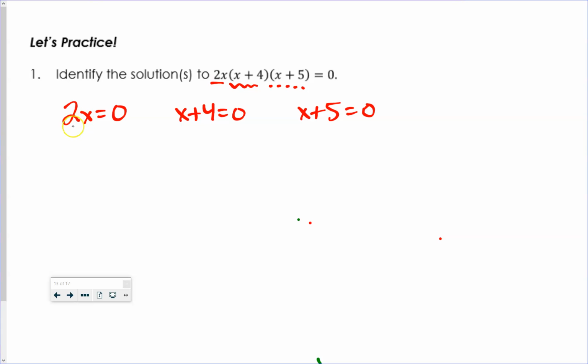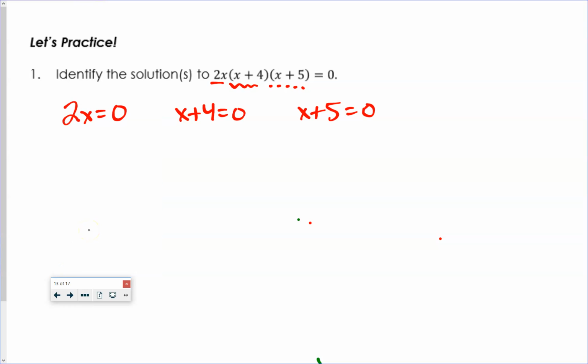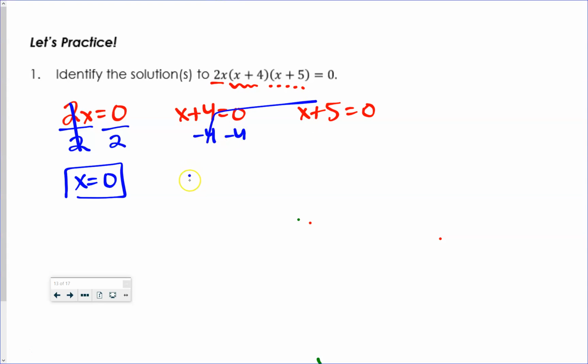Over here, to solve for x in the first factor, 2 is being multiplied, so I'm going to divide it from each side. 0 divided by 2 gives me 0. All right, so there's one possible solution. Over here, subtract 4 from both sides, and I get x is equal to negative 4.